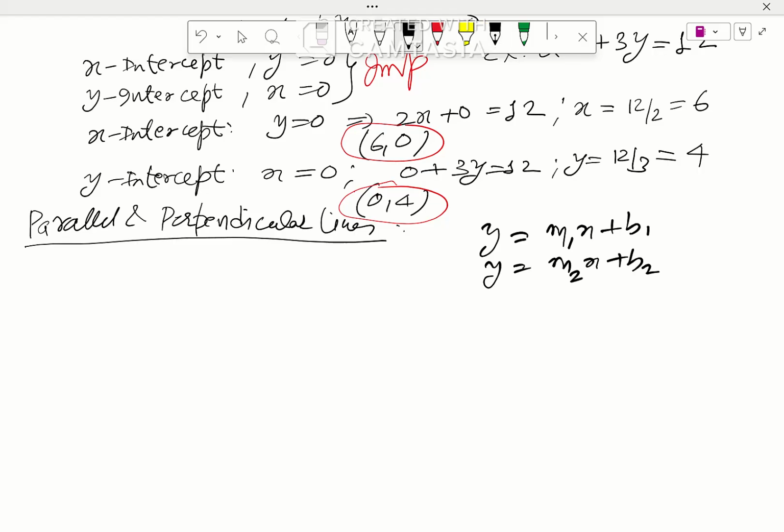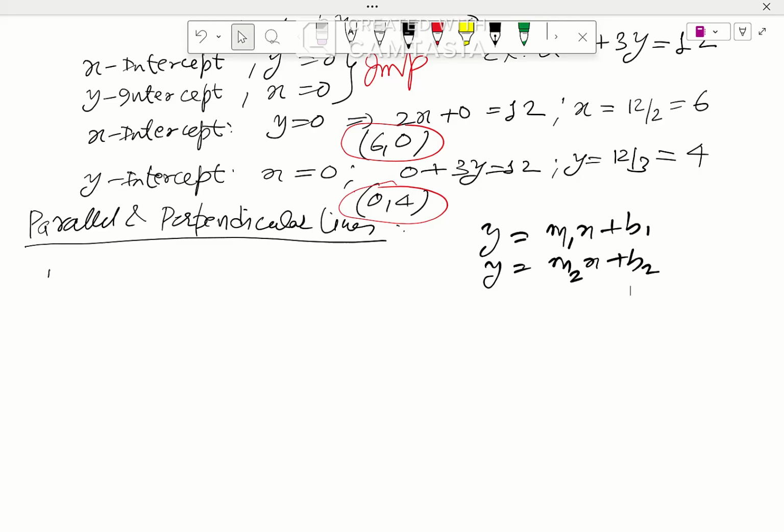Okay. So these are the two equations given to us in the slope intercept form. The first line has a slope of m1 and an intercept of b1. The second line has a slope of m2 and an intercept of b2.